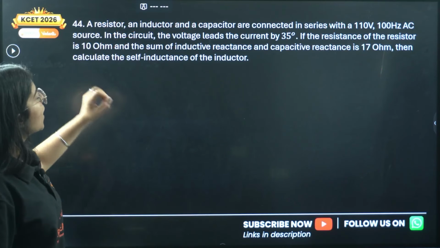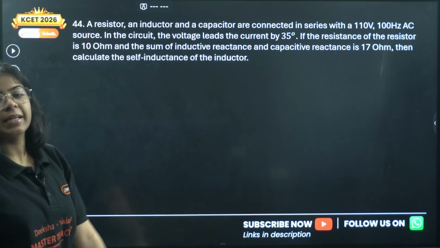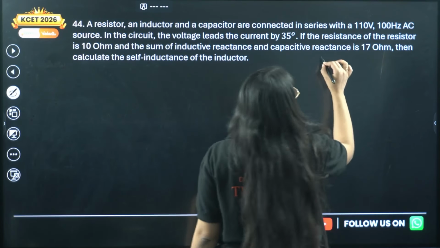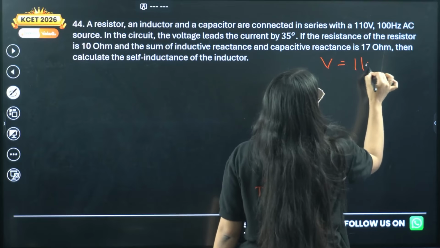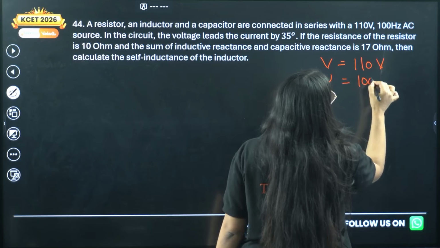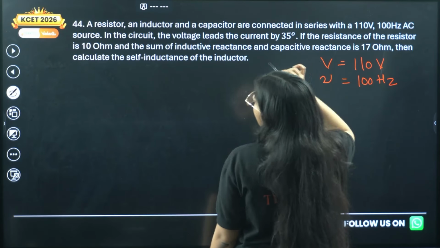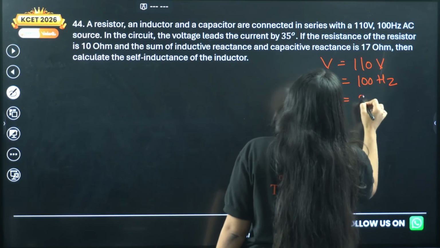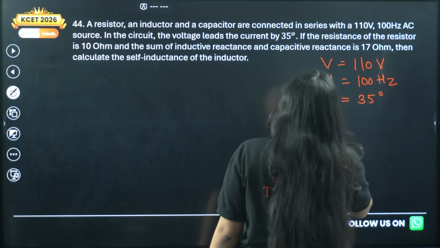A resistor, an inductor and a capacitor are connected in series with a voltage of 110 volt. The frequency is 100 hertz. In the circuit, the voltage leads the current by a phase difference of 35 degrees.